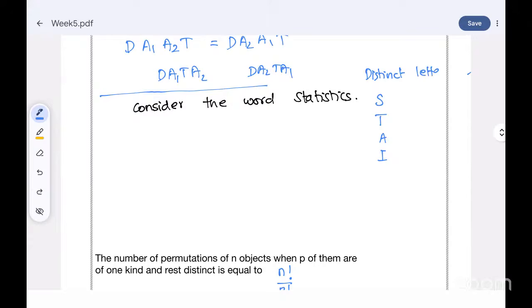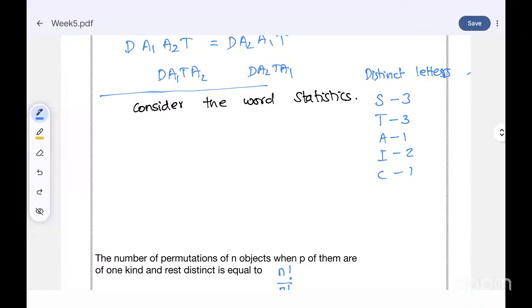All right. So how many times does S repeat? 3 times. T repeats 3 times. A repeats once, and I, 2 times. C, once.